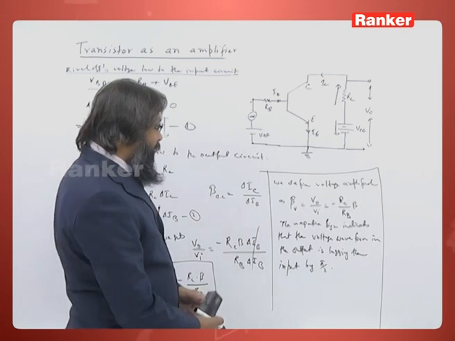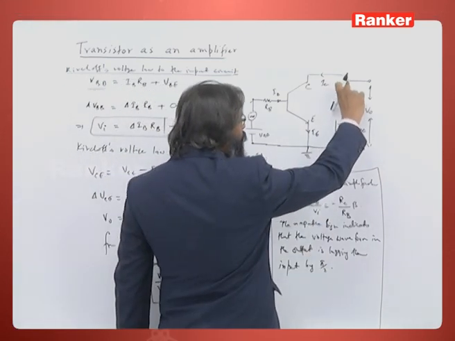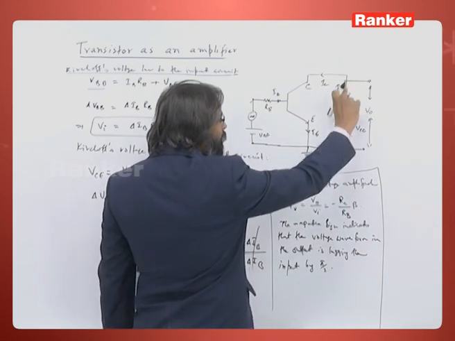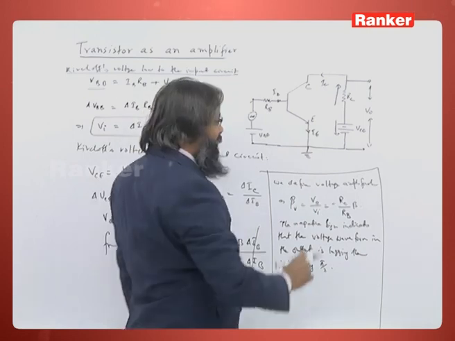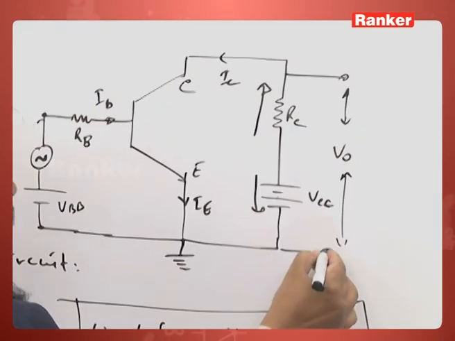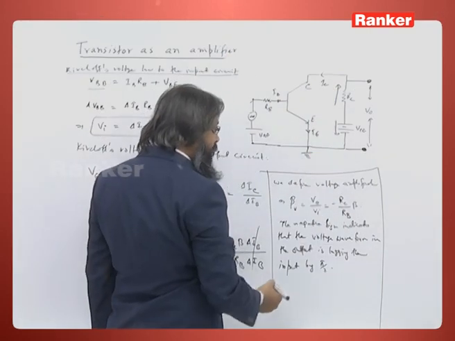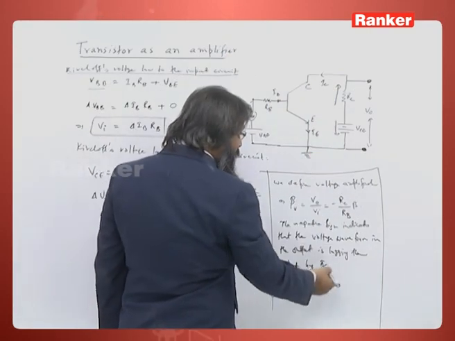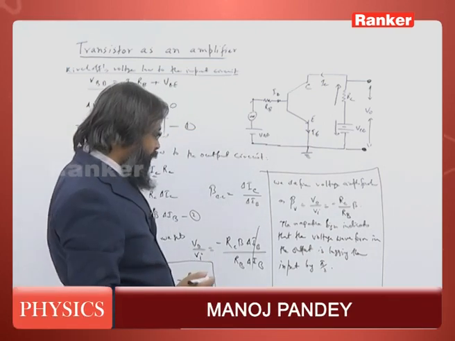One more thing: if in some cases we take output across RC, then the output won't be lagging, they will be in phase. But since in the majority of cases the voltage is taken across the emitter collector junction, the output voltage lags the input voltage by pi by 2.